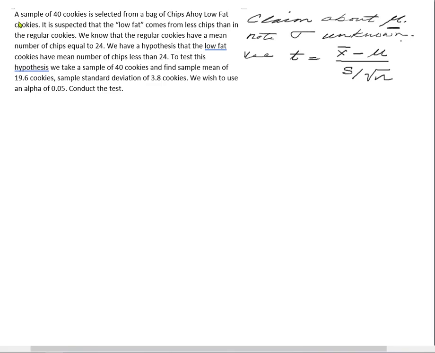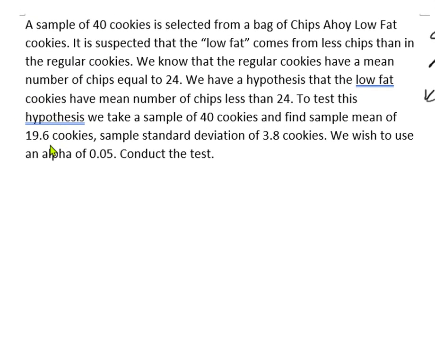So I've typed in a problem right here. A sample of 40 cookies is selected from a bag of Chips Ahoy low-fat cookies. It's suspected that the low-fat part comes from fewer chips than in the regular cookies. We know that the regular cookies have a mean number of chips equal to 24.